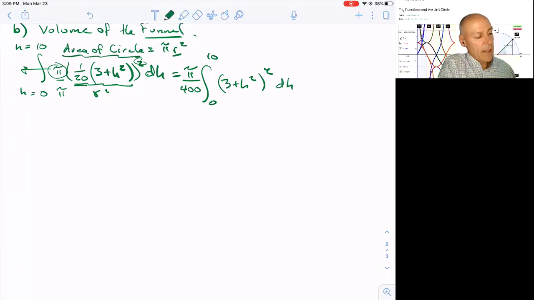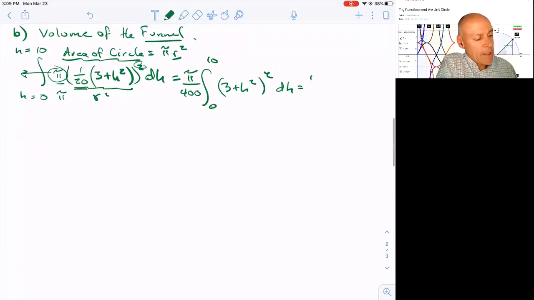dh. And just to make life a little bit easier, I can wrangle this a couple different ways. I'd probably do a rewrite. I just have my constant, pi over 400, integral 0 to 10. I'm just going to expand that.